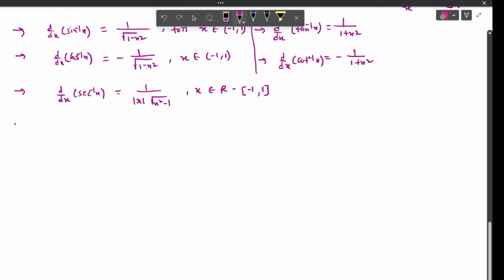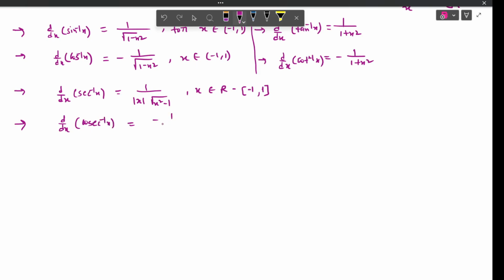Next differentiation of inverse function is d/dx of cosec inverse x. It would be minus 1 by mod of x root under x square minus 1 for all x not equal to plus minus 1.